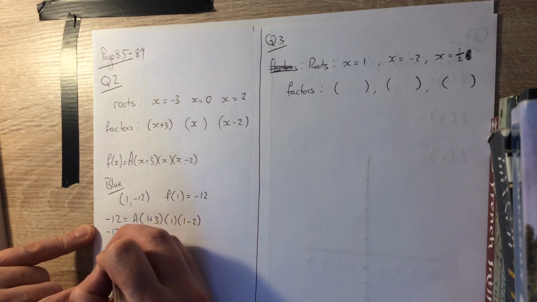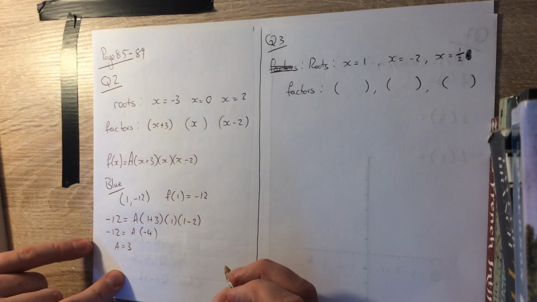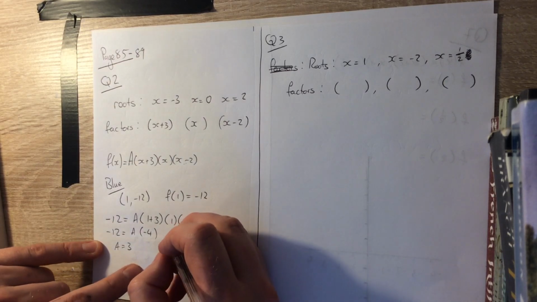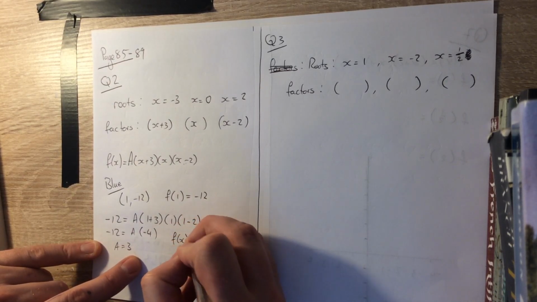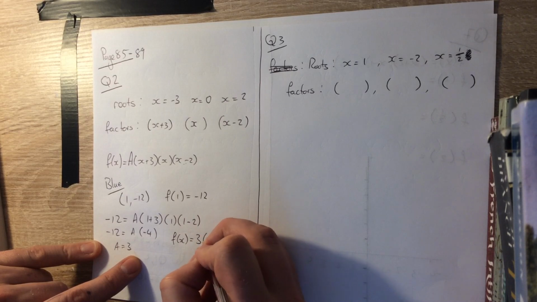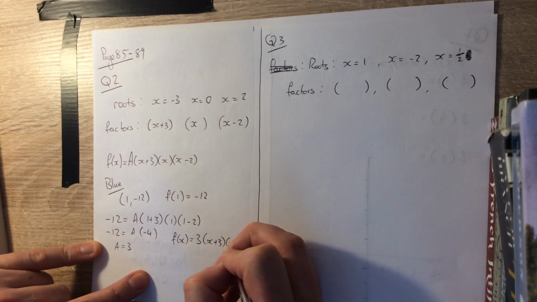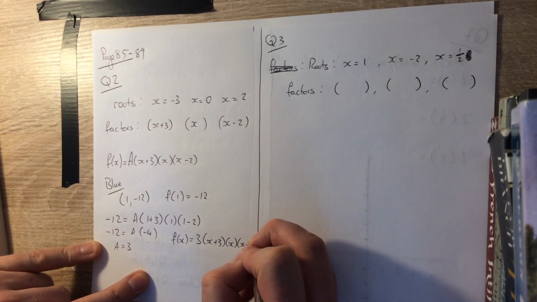That's -4. So that'll give us a equals 3 for the blue curve. And therefore our function is 3 times x times x plus 3 times x minus 2.